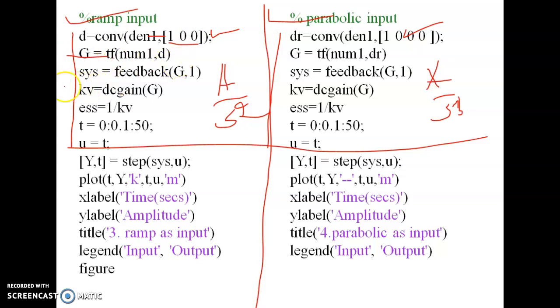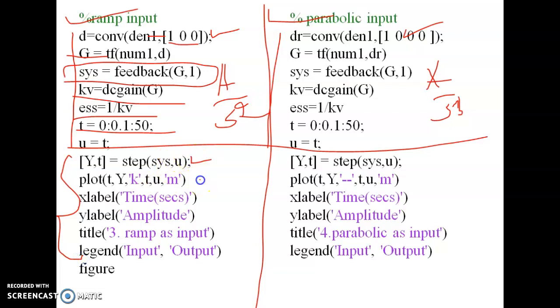That is num comma den. System is equal to feedback of g1. So if you are adding the step response, you can add one more feedback. Then gain, DC gain, steady state error. Then you have to obtain, all these commands will be the same: y comma t, plot, time, xlabel, ylabel, title and result. Just observe it by comparing the command lines.